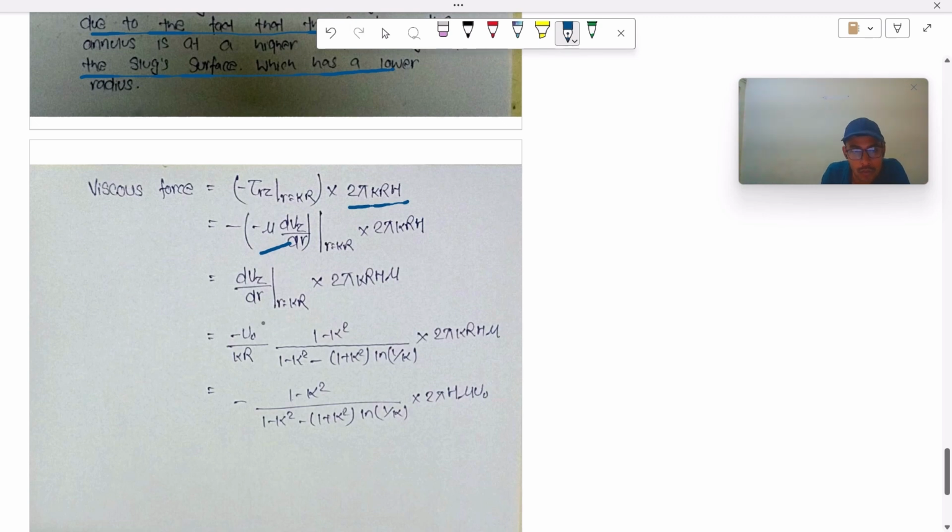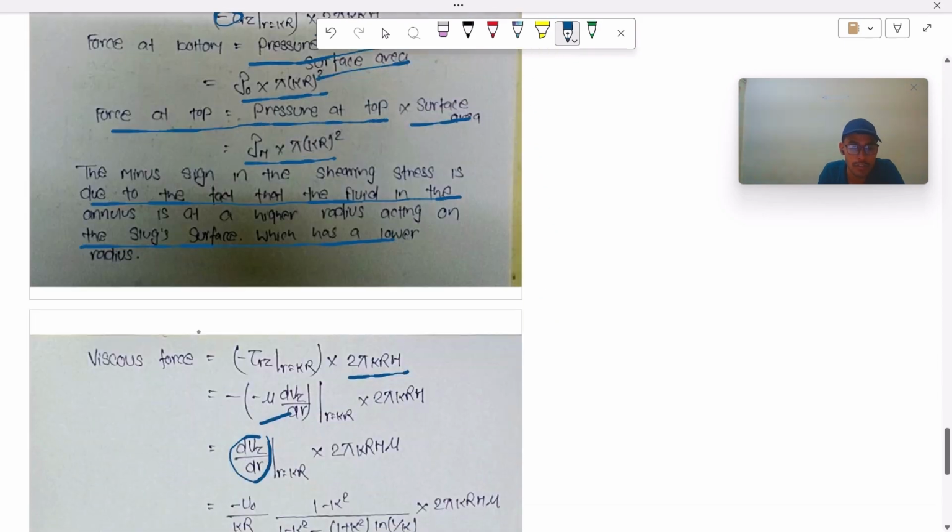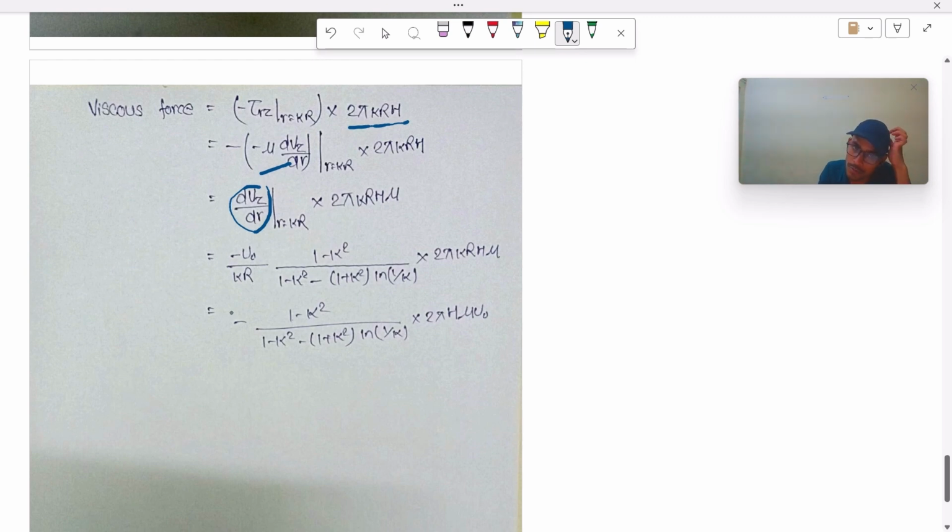So now we will put the value of dou vz upon dou r from the expression that we got earlier. We will differentiate it with respect to r and then put it in this expression, which is given by minus v naught upon kappa r into 1 minus k square upon 1 minus k square minus of 1 minus k square ln 1 by k, into 2 pi kappa r h into mu.